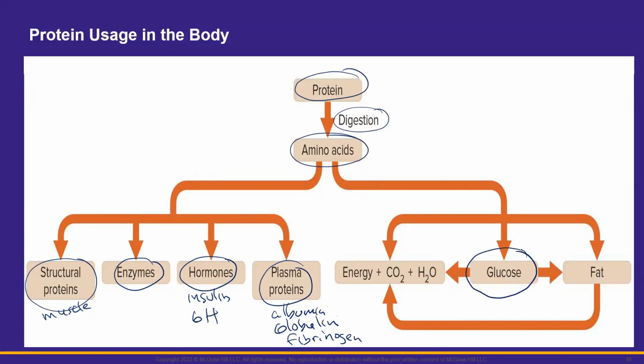It has to be converted into glucose, and then with oxygen, it can be converted into ATP plus extra products like carbon dioxide and hydrogen. If we still have extra, then it can be converted into fat and mostly will be stored in the adipose tissue. So this is the schematic usage of protein in our body.